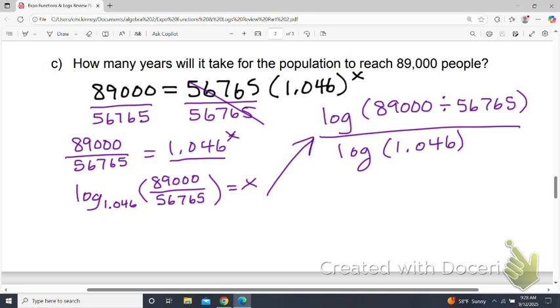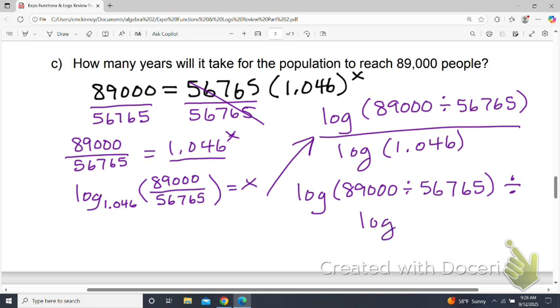Once again, when we type it into the calculator, you would not have to rewrite this on your paper, but just a reminder about how it looks typed in. When you think about the big fraction, sometimes people forget parentheses somewhere. So all that, divide it by the log of 1.046.